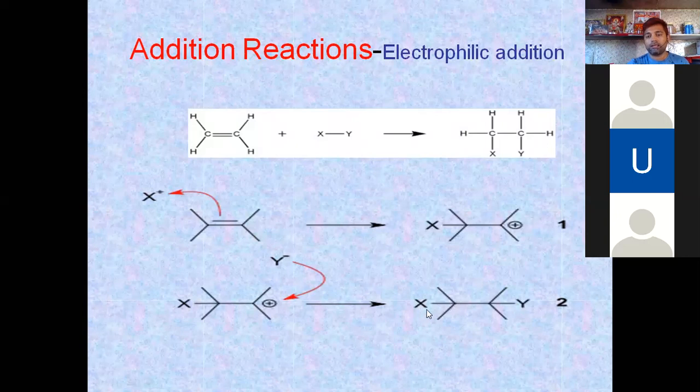X is added and Y is added. So this is an electrophilic addition reaction. This is the mechanism of how the electrophilic addition reaction takes place.